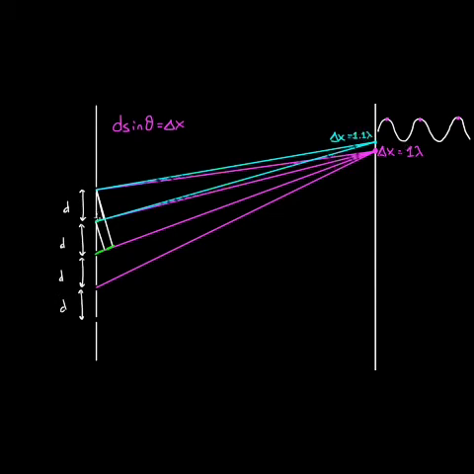So let's say the wave from the second hole happened to be traveling not 1 wavelength further anymore. It's going to be traveling 1 and 0.1 wavelengths further. And so if the first wave happened to hit at this point, the second wave would be hitting at not exactly 1 wavelength, but 1.1.